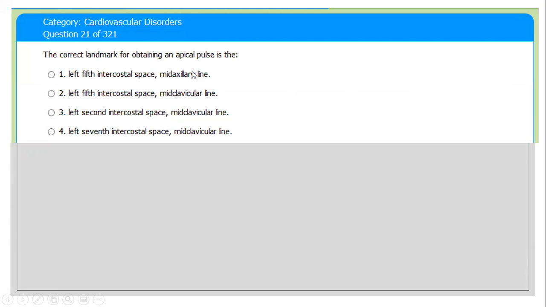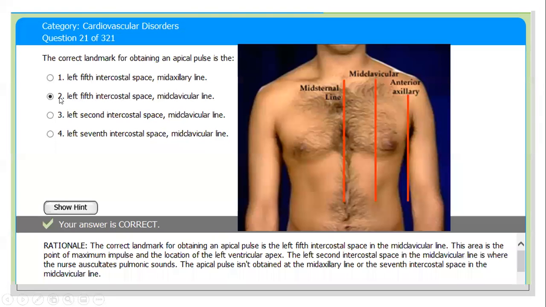Number 2, left fifth intercostal space, mid-clavicular line. Number 3, left second intercostal space, mid-clavicular line. Number 4, left seventh intercostal space, mid-clavicular line. So the correct answer is the left fifth intercostal space, mid-clavicular line.